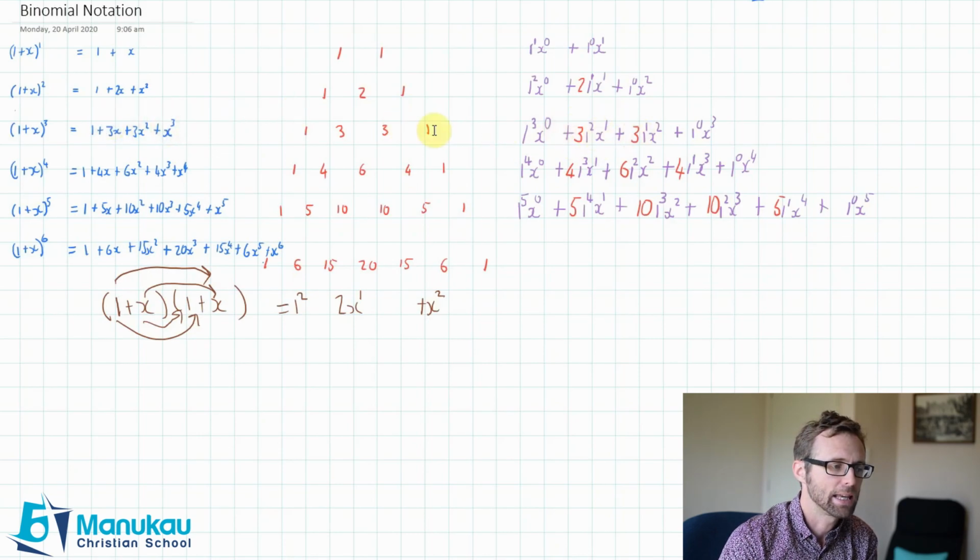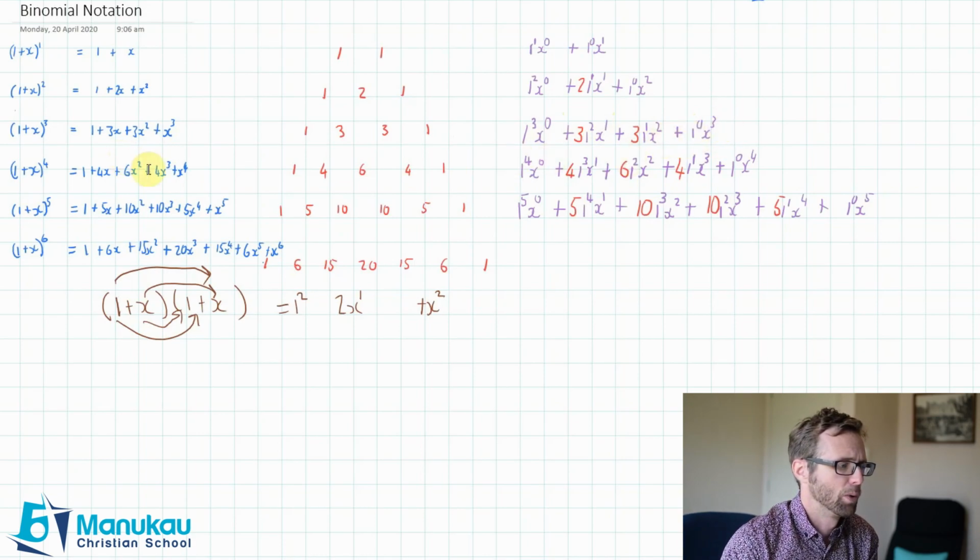The next one, again, we're using this 3. 1 has dropped down from 2 to the power of, so it's now to the power of 1. And x has gone up from x to the power of 1 to x to the power of 2. So you get 3x squared, which is what we have here. The last term, which is going to be x cubed, we're using this one here. So 1 times, and now our 1 is, we've gone 3, 2, 1, now to the power of 0. And x has moved up to the power of 3.